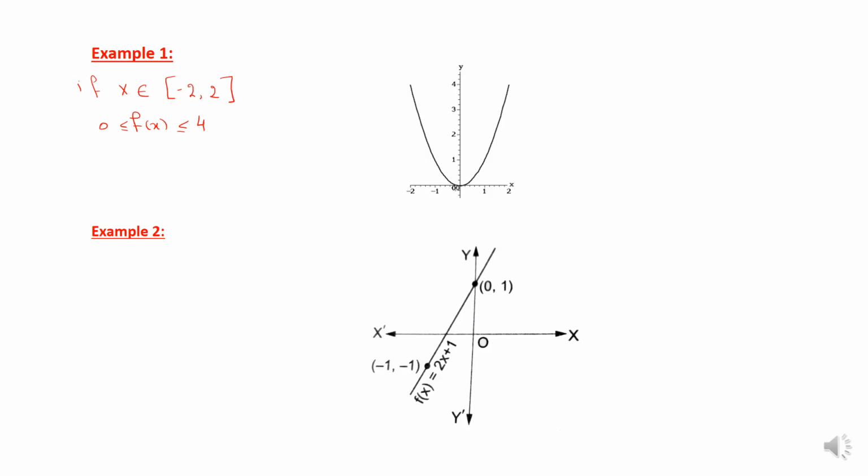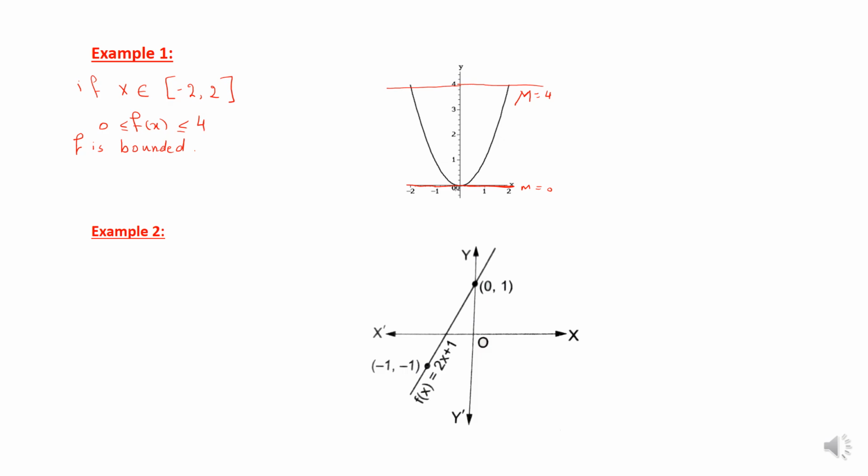So f of x is between 0, this is small m, the lower bound, and 4 if x is between negative 2 and 2. This is M, it's equal to 4. So f here is bounded.